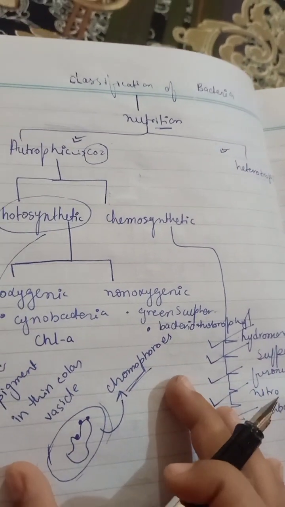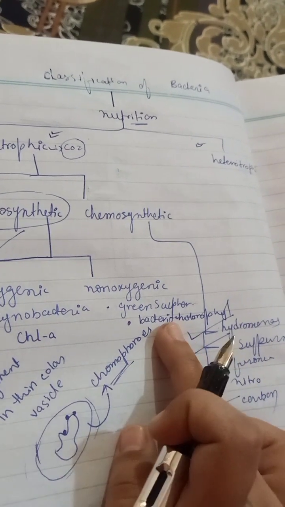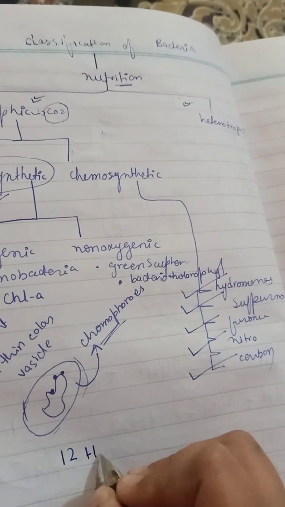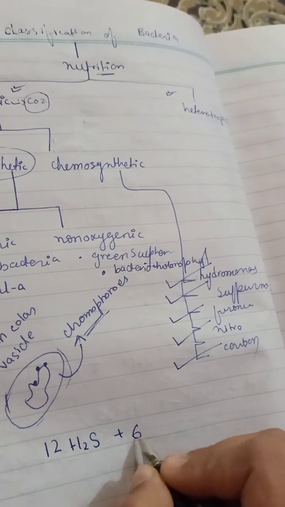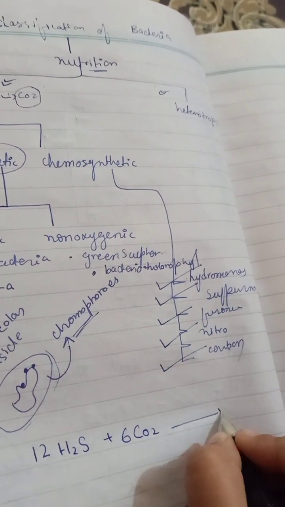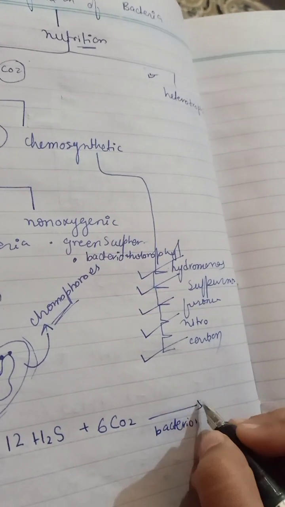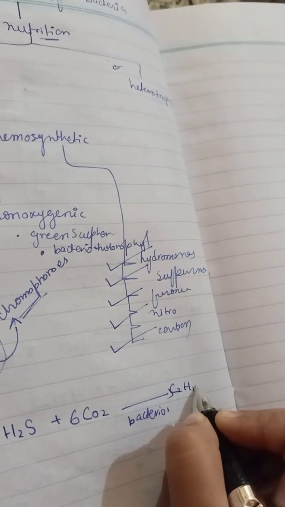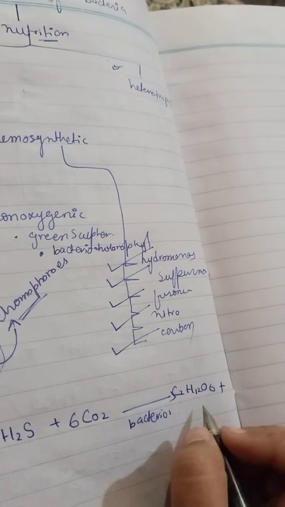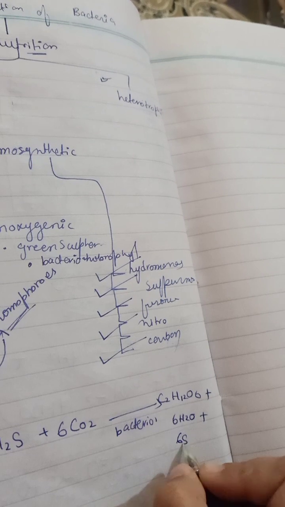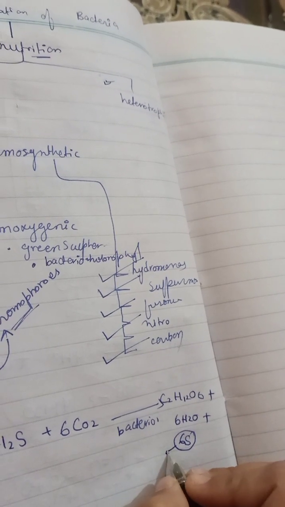If we talk about bacteriochlorophyll, let me write it: 12 hydrogen sulfide plus carbon dioxide, using their pigment bacteriochlorophyll, make glucose plus 6 water and 12 sulfur.